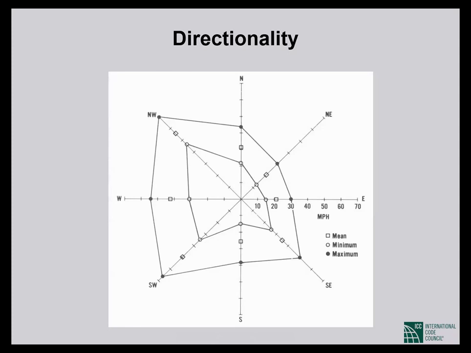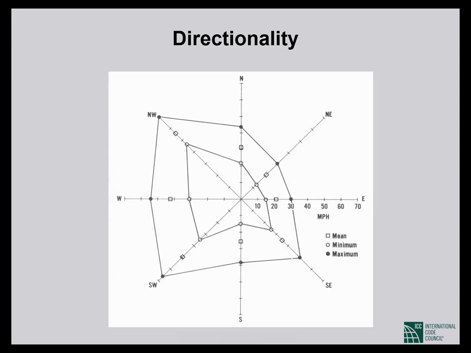The point is that just like wind velocity, wind direction also changes from one instant to the next. It is never the same for any significant length of time. So wind can blow along the most critical direction of a building, let us say in this location, the northwest direction, only instantaneously. The very next instant, the wind direction will have changed and it will no longer be along the most critical direction.